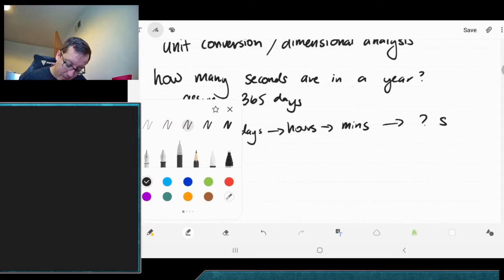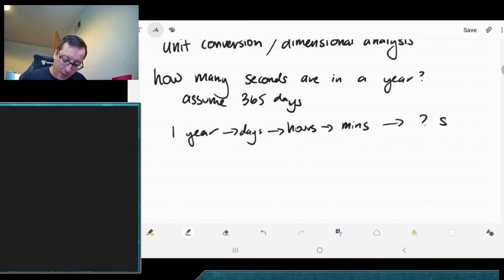I want to point out that this idea of planning out our route for coming up with the unit I'm asking for, seconds in this case, is what's called a unit plan. For time units, we're already aware of all the different units, and we know the conversions in between them.